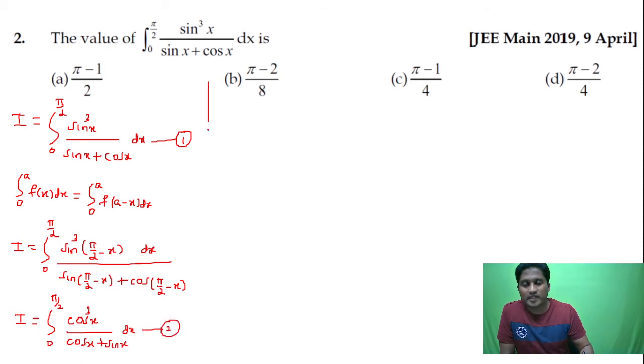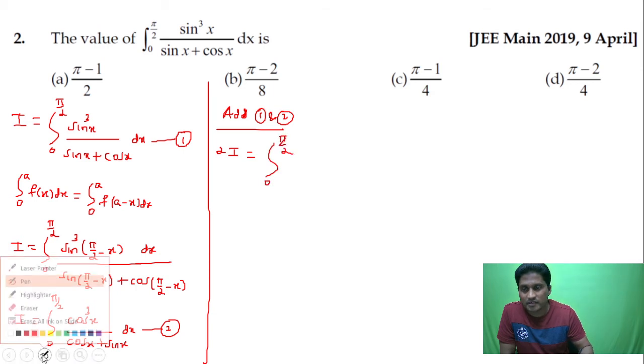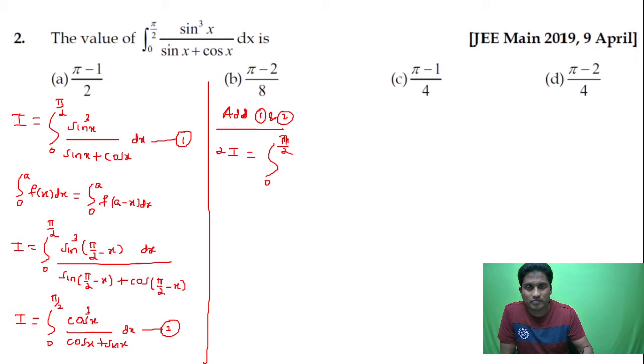Now if I add equations 1 and 2, I plus I will be equal to 2I, which is equal to the integral from 0 to pi by 2. Denominators are same, so numerators can be added.